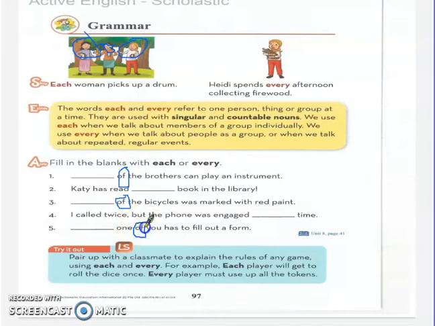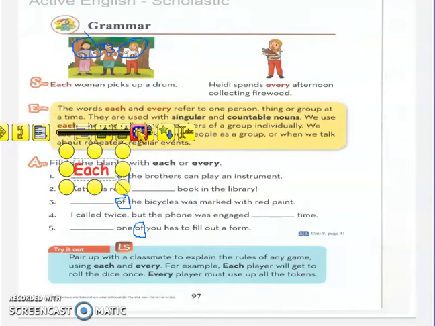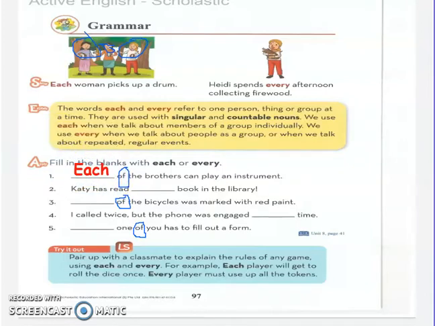So if we have of in the sentence, the answer is each. Okay, this is an important note. ملاحظة مهمة إن دائما of مع each. So what is the answer for number 1? Excellent, each. Each of the brothers can play an instrument. So number 1 is each.